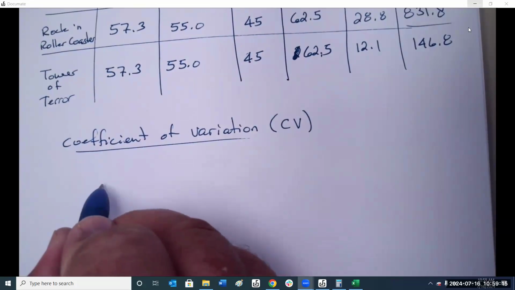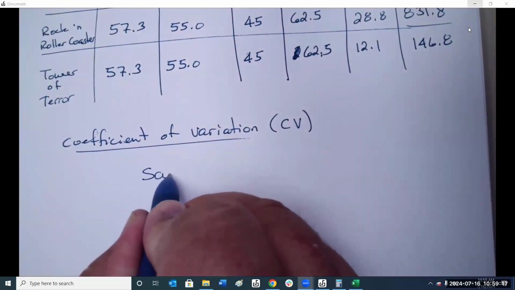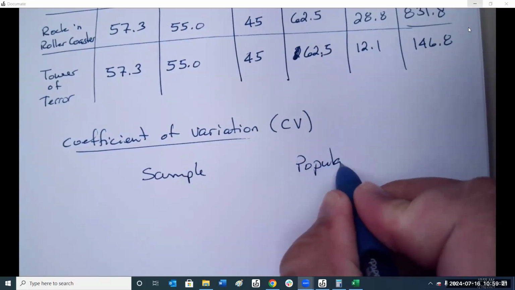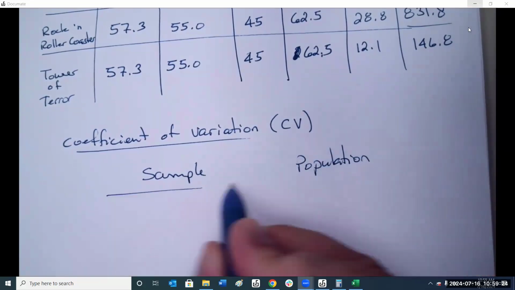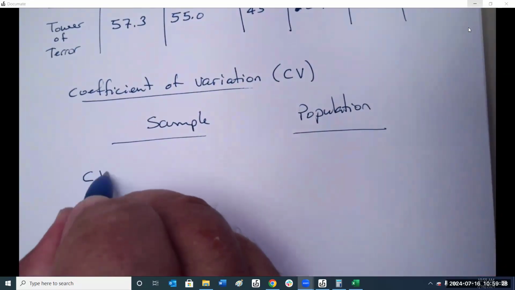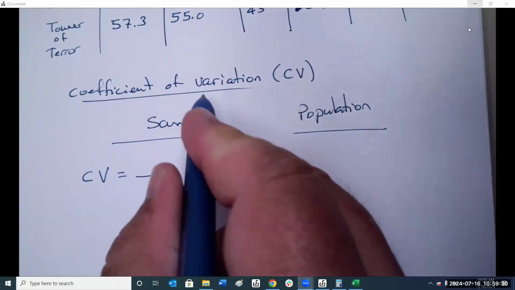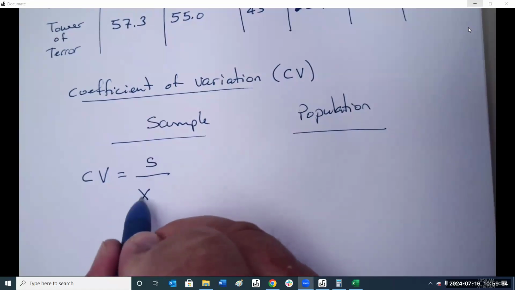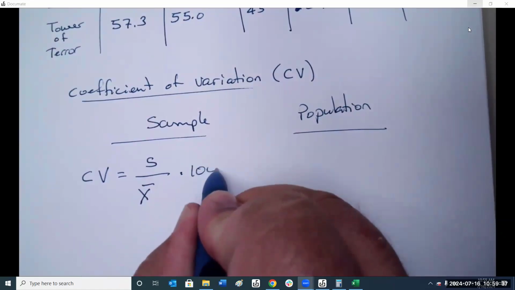So we also have formulas for samples and populations. For a sample, remember we use the standard deviation, which is S divided by the mean times 100.